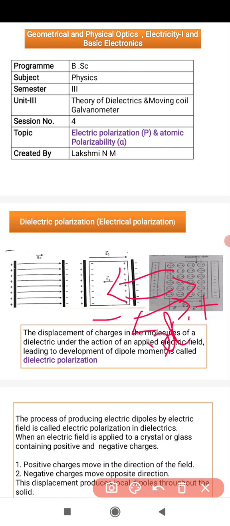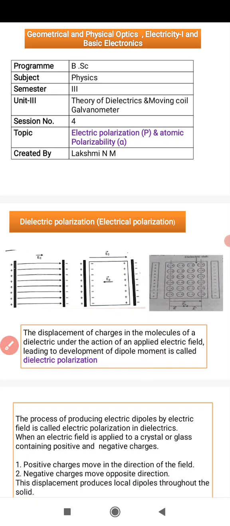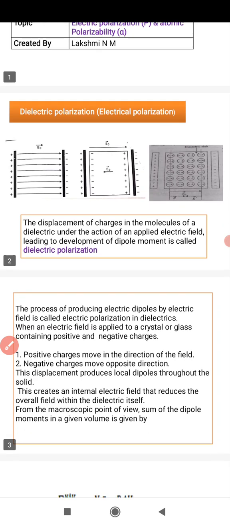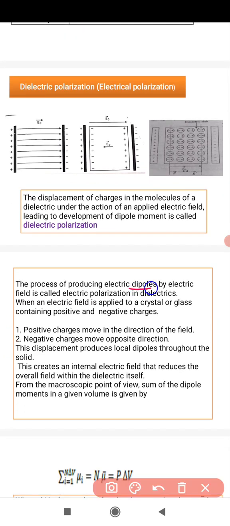These dipole moments are aligned in the direction of the electric field. All the atoms in the dielectric obtain a dipole moment. The resultant dipole moment forms the dielectric polarization. The process of producing electric dipoles by applying an electric field is known as electric polarization in dielectrics.